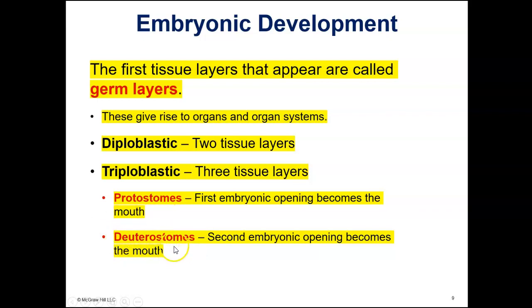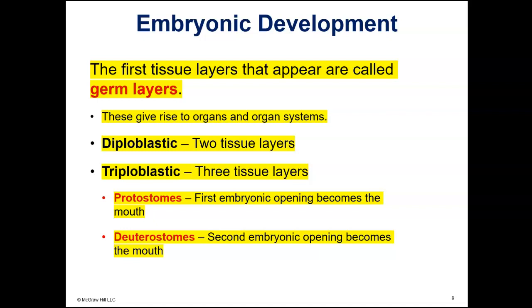The only deuterostomes that are in this chapter, the invertebrates, are the echinoderms, which include the sea stars and sand dollars. The rest are going to be in the vertebrates, which is our next chapter. Now, the main difference is that these triploblastic animals, as they develop, form two openings.